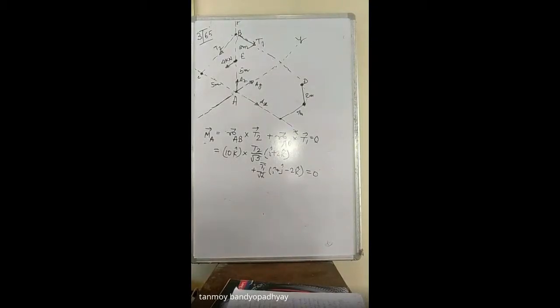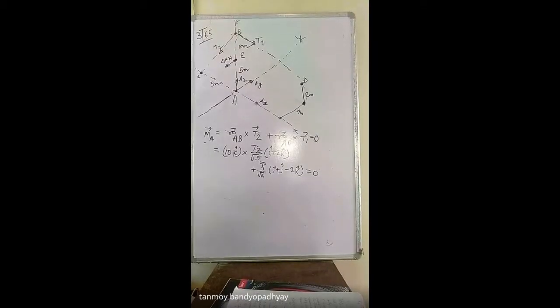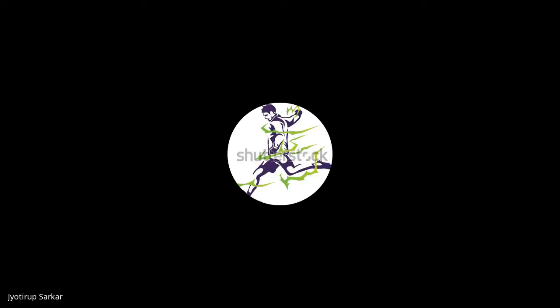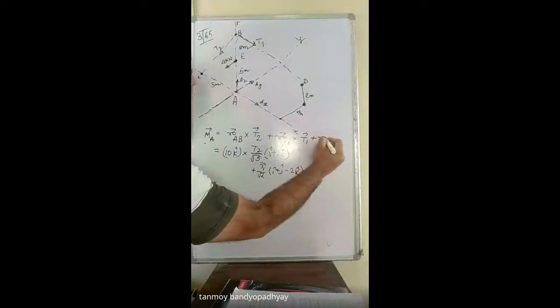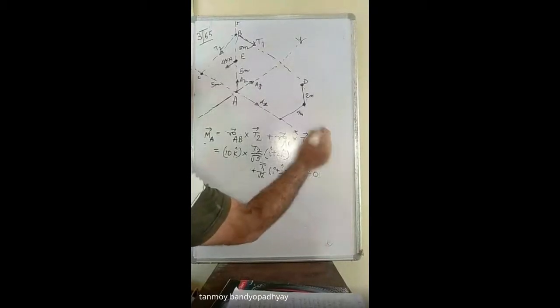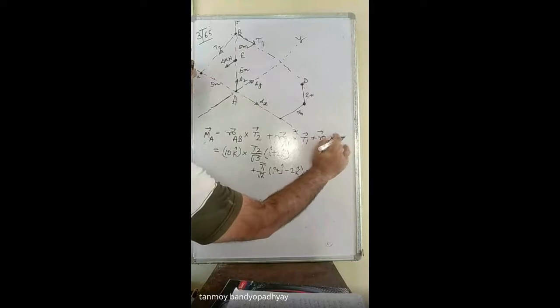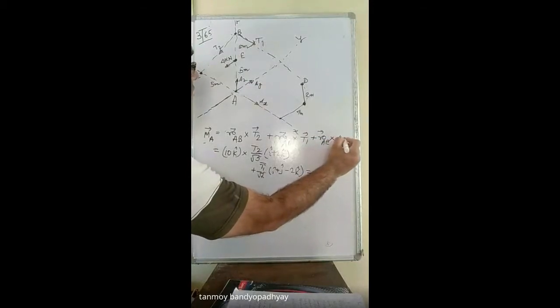What will be that one? That one will be 20 kilonewton meter, 4 into 5 y cap something. So plus, what else will it be? Where is it adding, the RAE? Cross F E means 4, or I can write it like 4j.